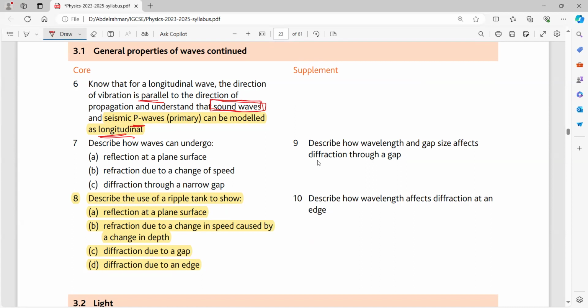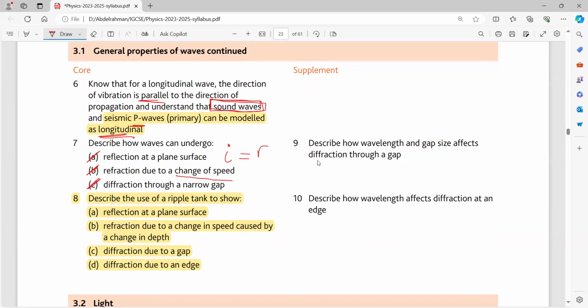How can waves undergo reflection, refraction, and diffraction? For reflection, the angle of incidence is equal to the angle of reflection. Refraction is due to the change of speed. This is quite important to remember. What happens during refraction?